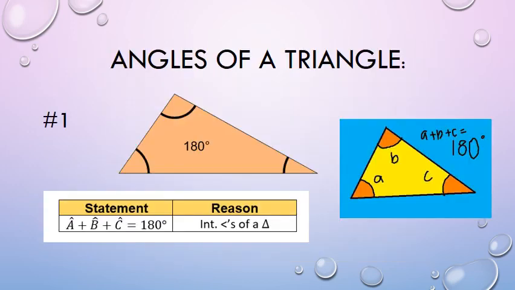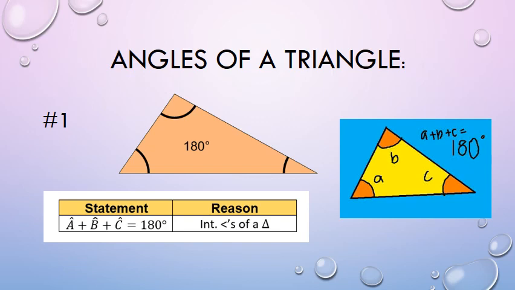Okay, let's look at our first statement and reason. Number 1. If you look at a triangle, any triangle, what is so special about a triangle is that all three angles inside add up to 180 degrees.